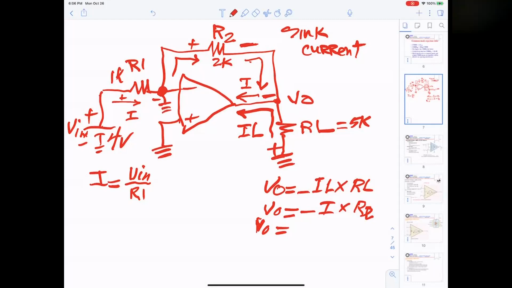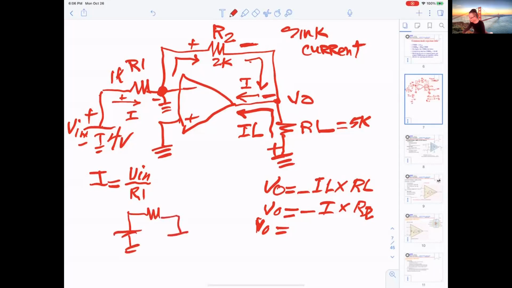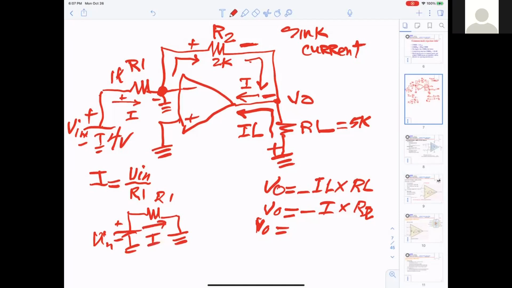So now you get only one source, and you go through the resistor here and go to the ground. So that will be plus minus VE. This is R1, so the current flowing here is I. Okay, that makes sense.